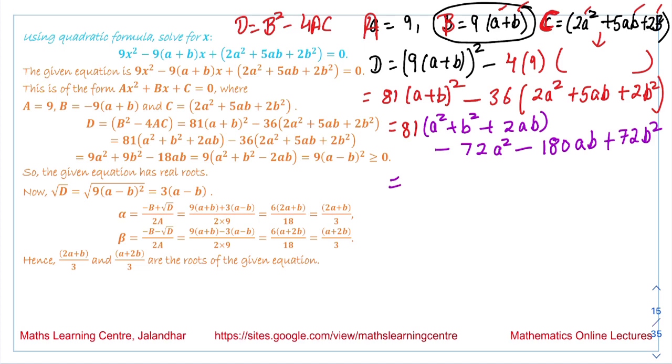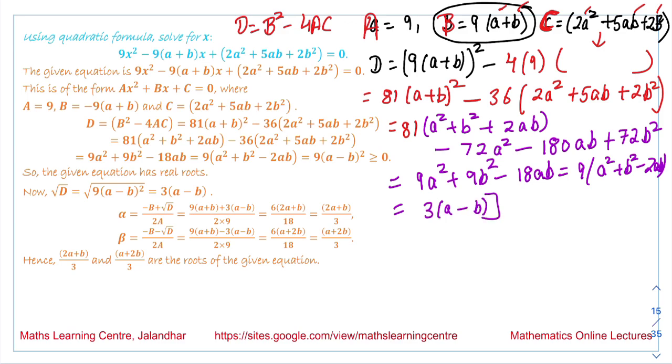On solving these values, the answer we get is 9a square plus 9b square minus 18ab. 9 we have taken common, it is a square plus b square minus 2ab. So the answer we are getting is 9 into (a minus b) whole square.